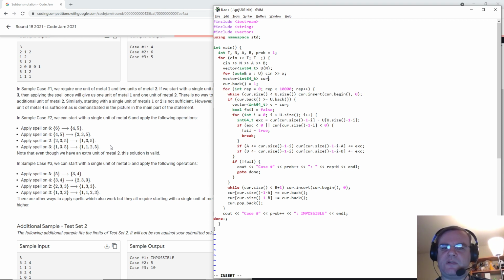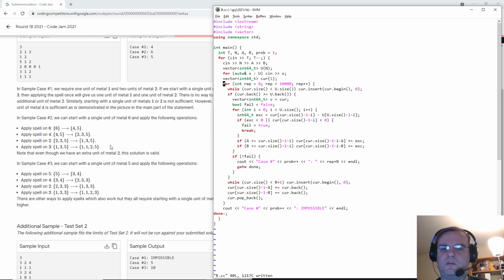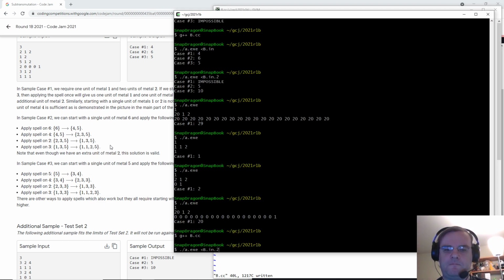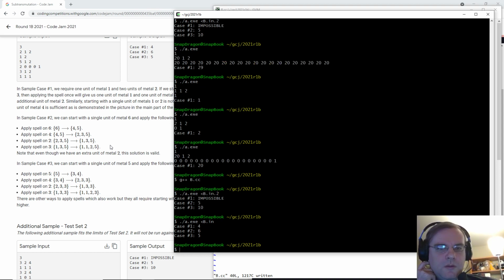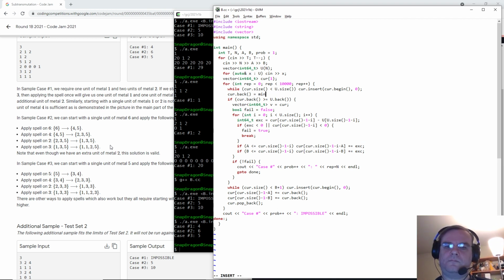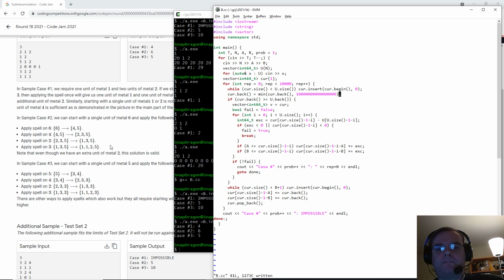Just to clean things up a bit, let's just do this. Let's just apply this limit.